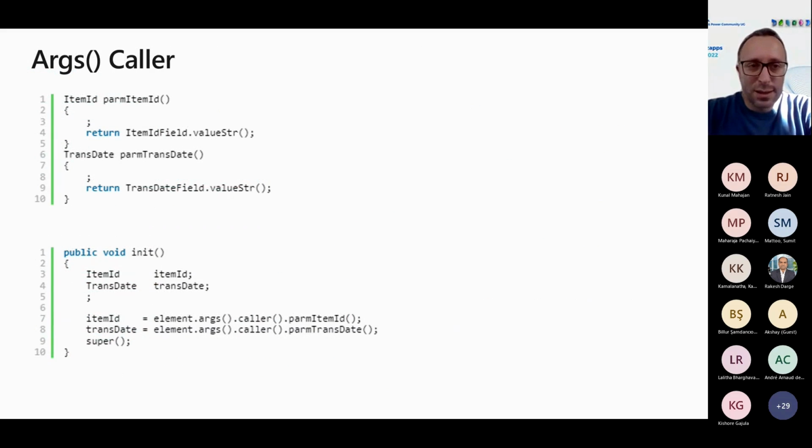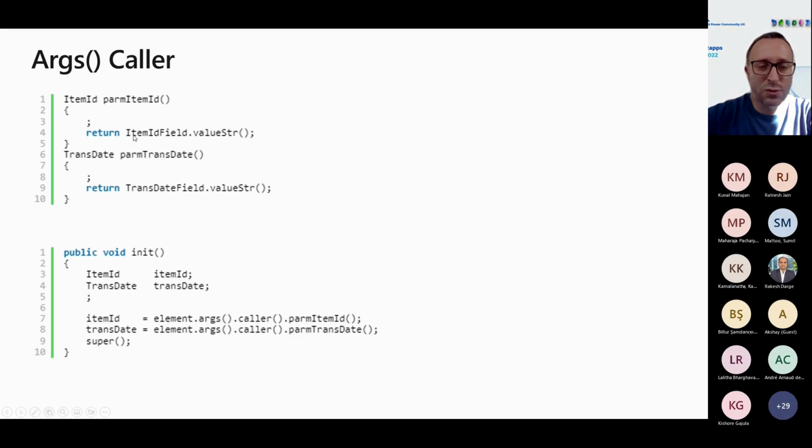And this is args caller. When you have two forms or two objects, X++ automatically transfers the Args class object from one to another. When you want to access the caller form, you can use element.args().caller() method. With caller, it will automatically return an object for you. In this example, this is the first form, this is the second form. In the second form, I am accessing the first form's parm method.